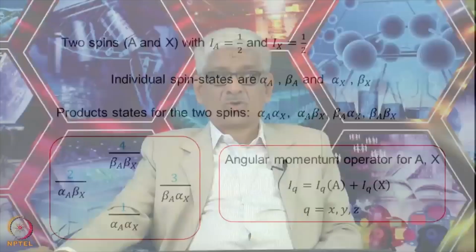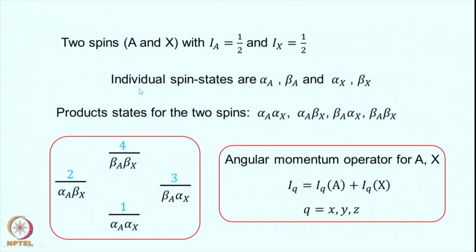Okay. Now let us turn to 2 spins. Consider A and X, Ia is equal to half, Ix is equal to half. The individual spin states of these 2 spins are alpha A, beta A and alpha X, beta X. For generating the basis set for the 2 spins, we take the products of these individual spin states.